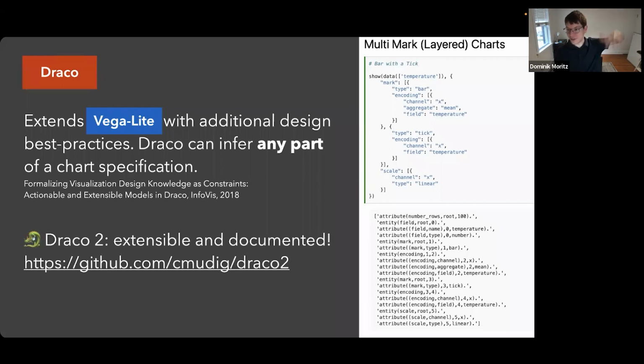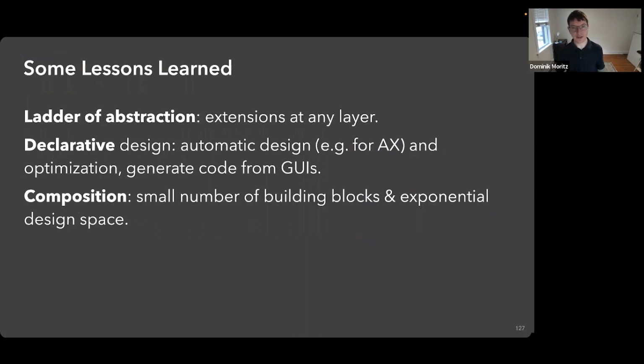So this whole stack of abstractions, really, Draco wouldn't have been possible without having all the libraries below. Some lessons that we've learned from building this is that having this layer of abstraction is really useful because you can have extensions at any layer.